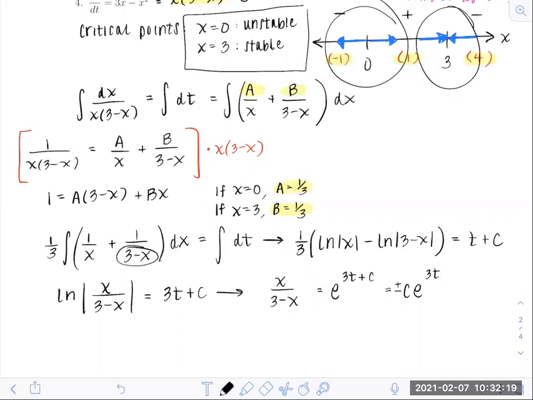But here again, that constant is either positive or negative, and we would determine that based on the initial condition. So I'm going to just absorb those plus or minuses into the C.